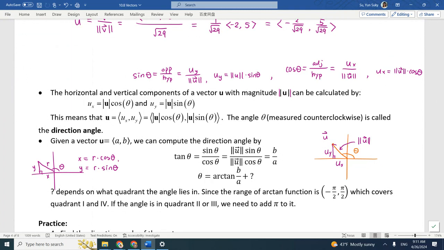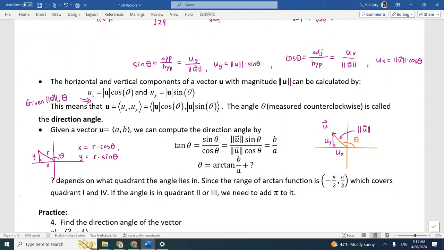So this formula is given the magnitude and the angle. We get this component form, and we can write down the component form of the vector.